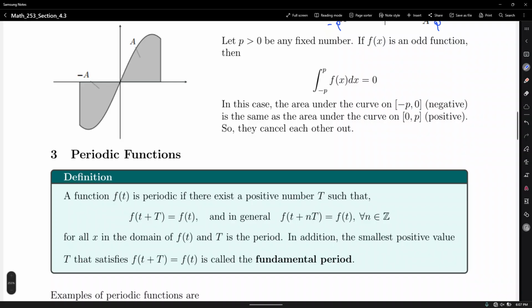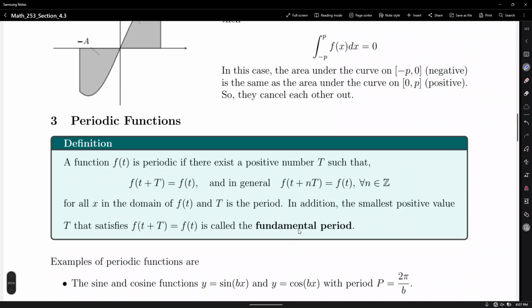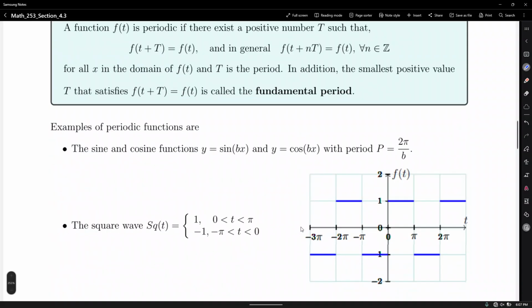Back in the day, we called them coterminal angles. But more formally, that's really the period, the fundamental period, which is the smallest positive value T that satisfies the period equation. Okay, examples of periodic functions.